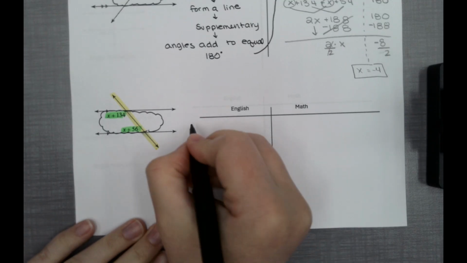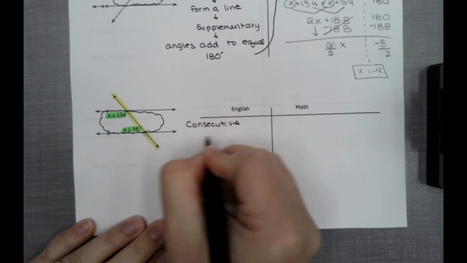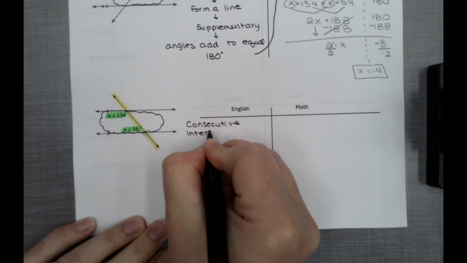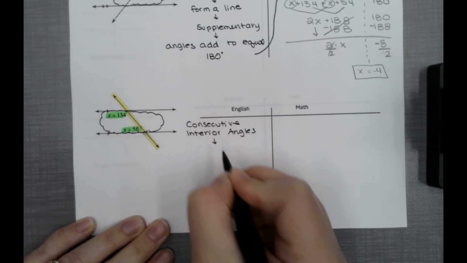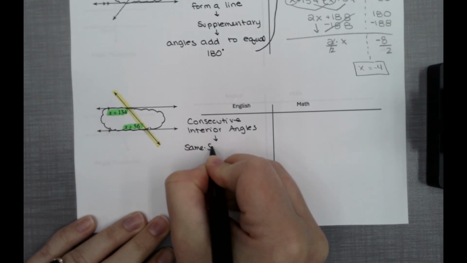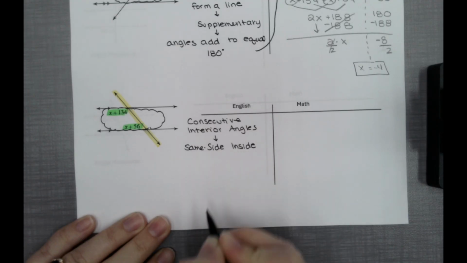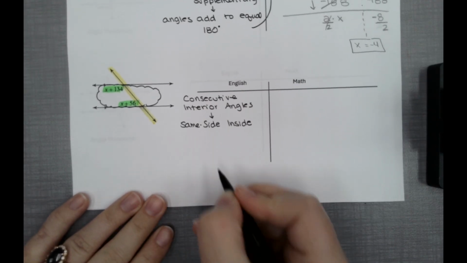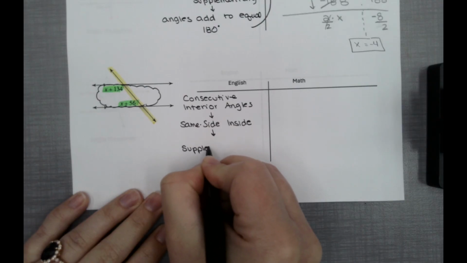These are called consecutive interior angles. And consecutive interior means they're on the same side inside. So same side of the transversal inside the parallel lines, which means they are supplementary.